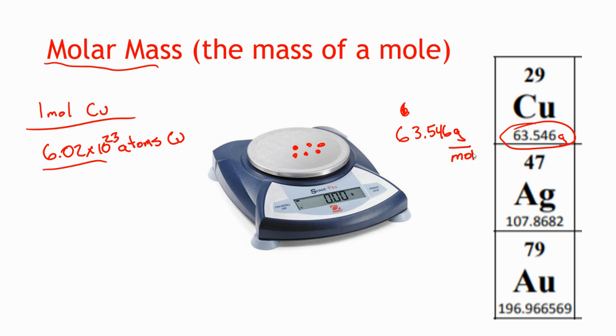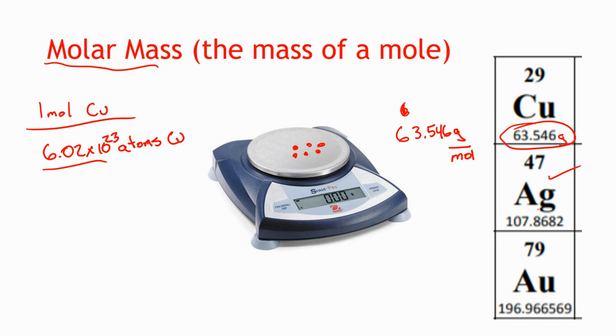Okay? And what's beautiful about how this works is it changes for each element, because each atom of each different element has a different mass. So if I did the same thing with silver instead of copper, I could not weigh out 63.546 grams of silver.